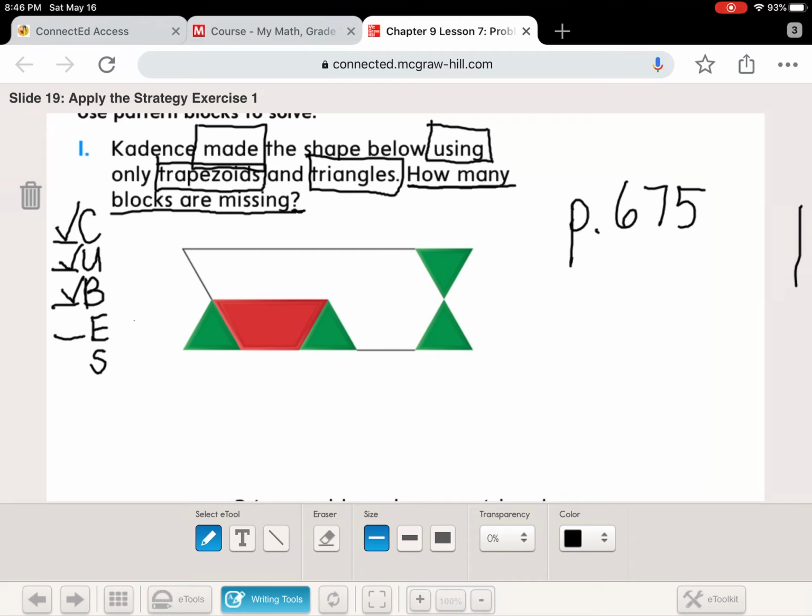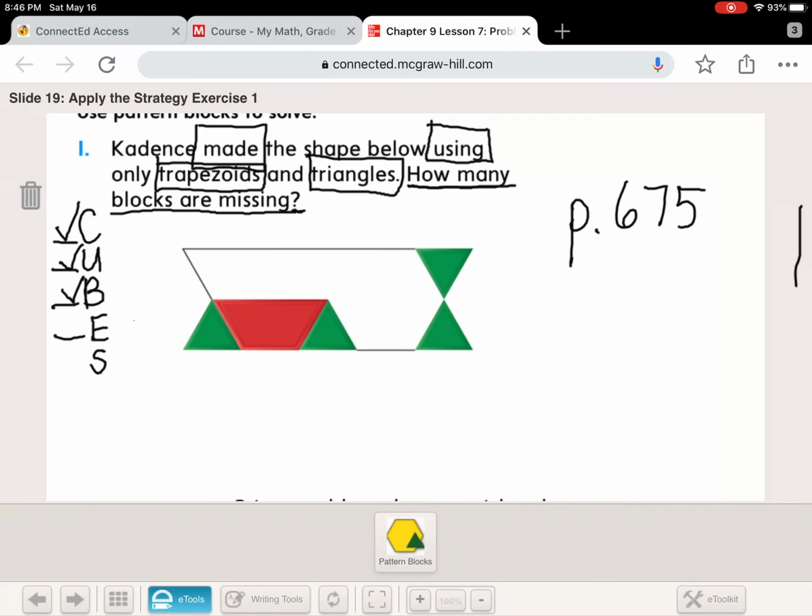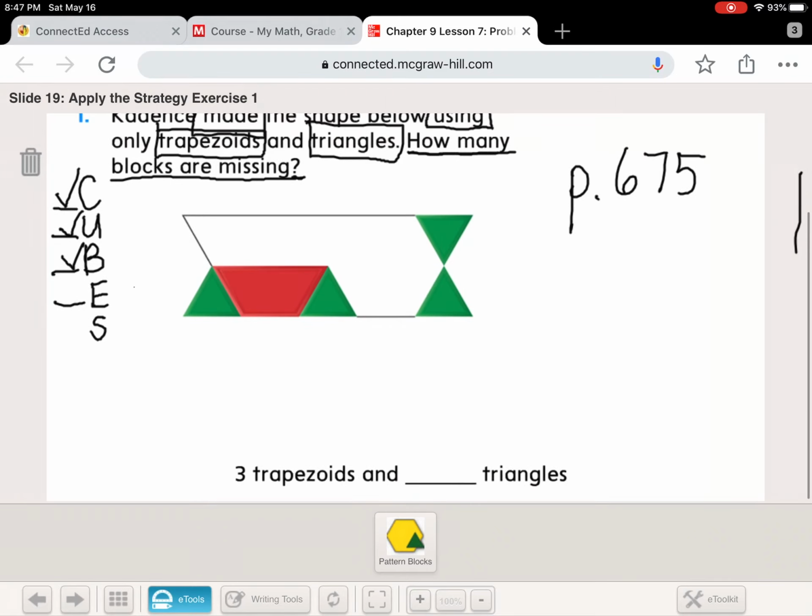Next, we're going to need the equation. I want to look at our page because down at the bottom of the problem it says 3 trapezoids and blank triangles. So they want us to use 3 trapezoids. Here's already 1 trapezoid, 1 red shape. And then they want to know how many triangles all together are being used.